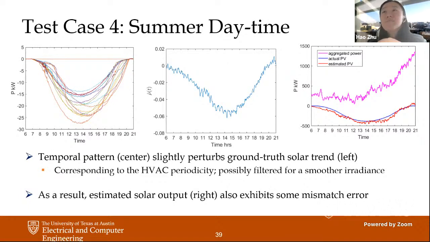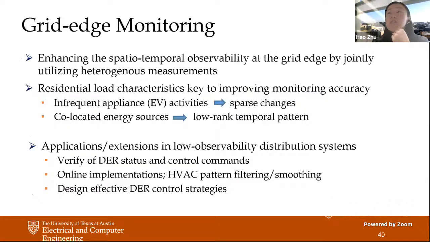It's unfortunate, but if I want to really get rid of it, I can use a bandpass filter. I just want to show you the result to point out what could be potential issues of the recovery so far. Again, using the recovered solar trend, I can also estimate the total PV output from this aggregated data here.